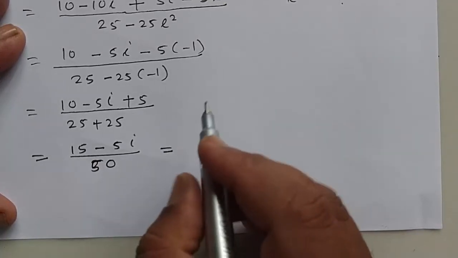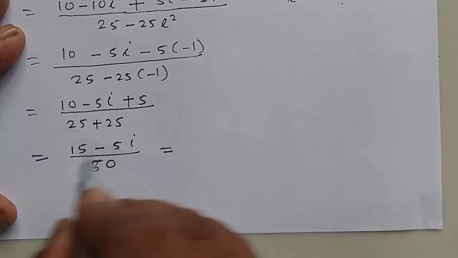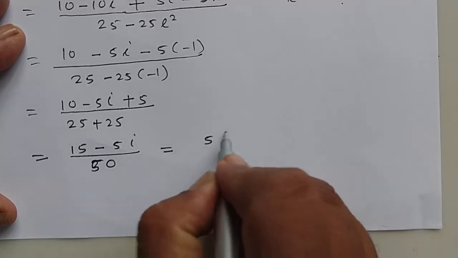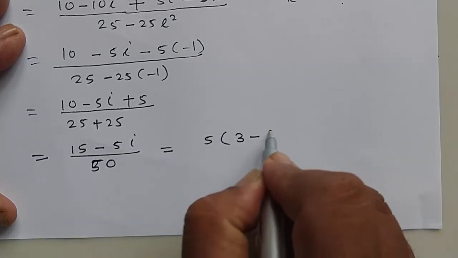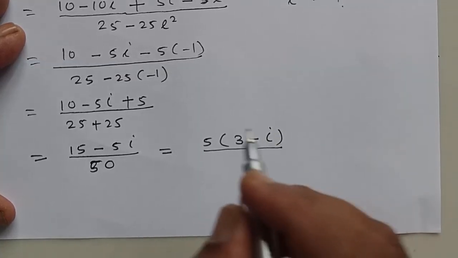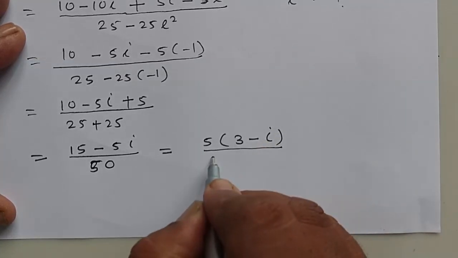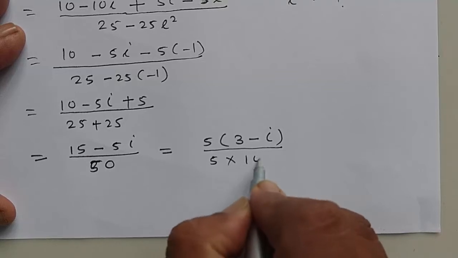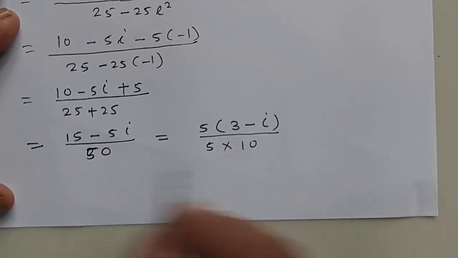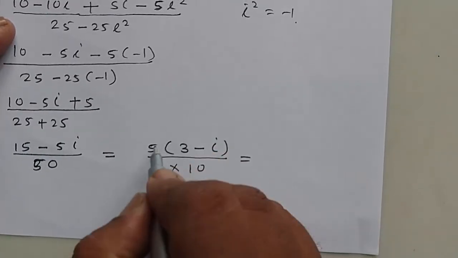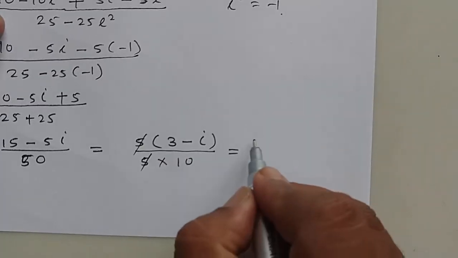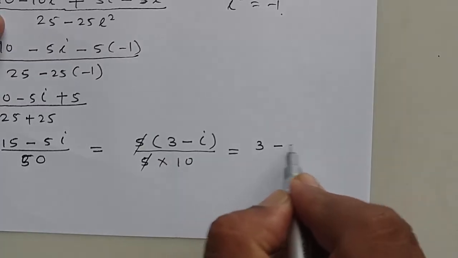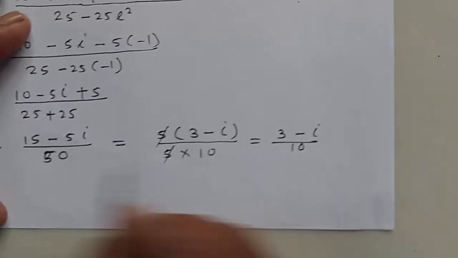So this is equal to, we can take 5 common, 3 minus i. If you take 5 common, so it is 10, 5 into 10. So this is equal to, we cancel 5, 3 minus i upon 10.